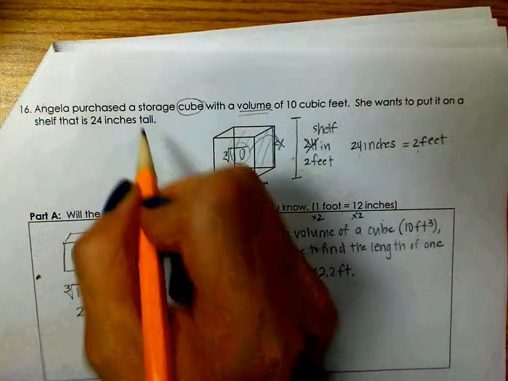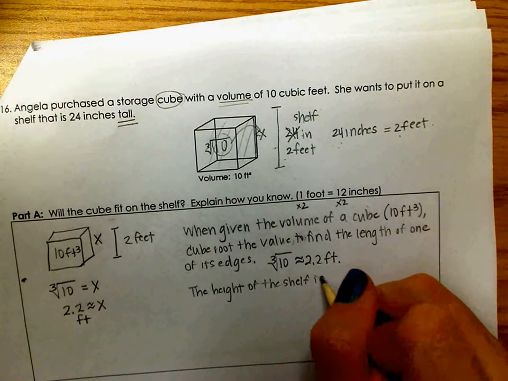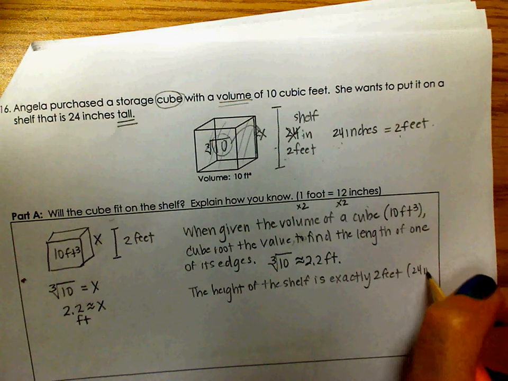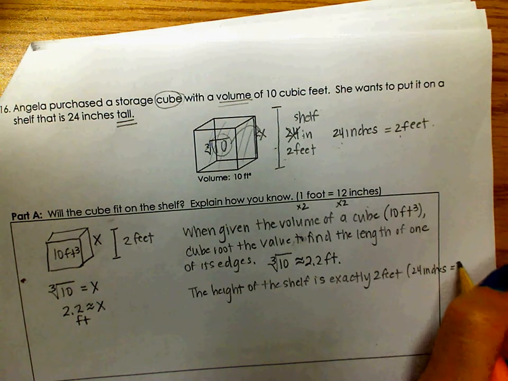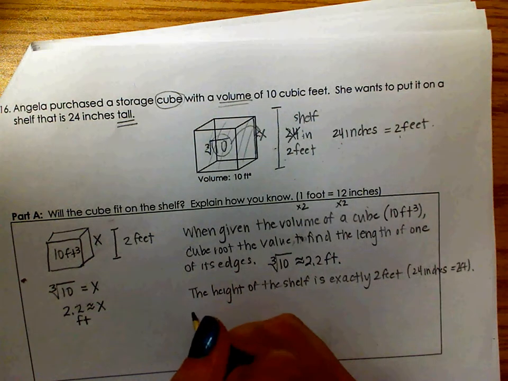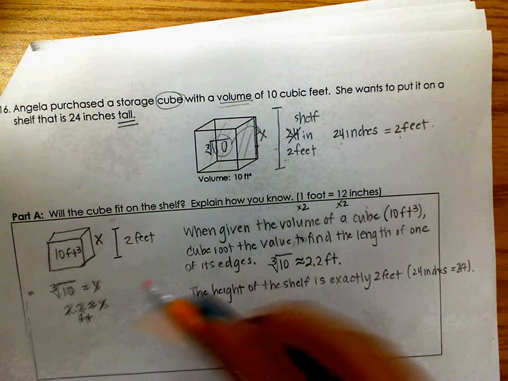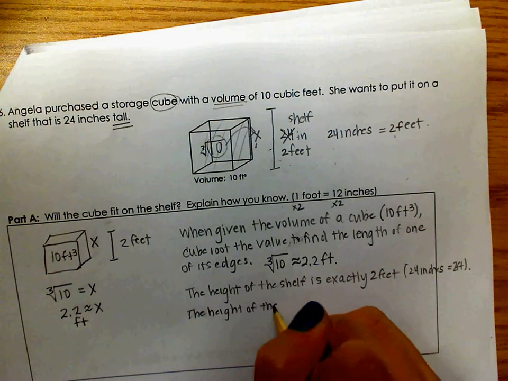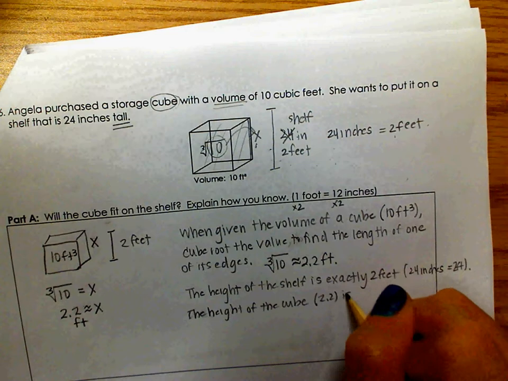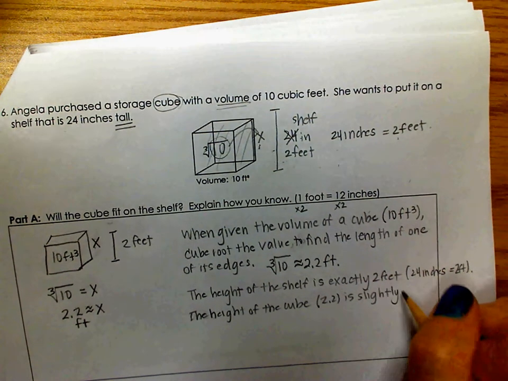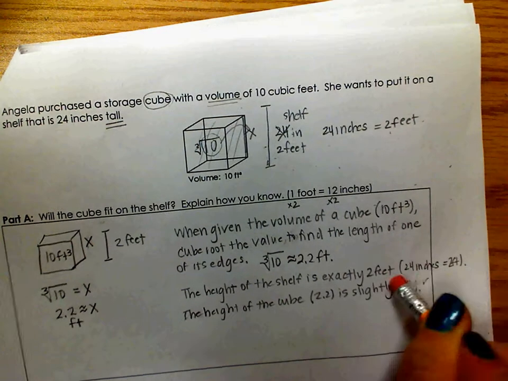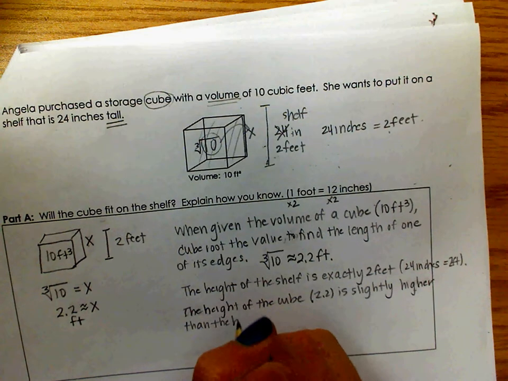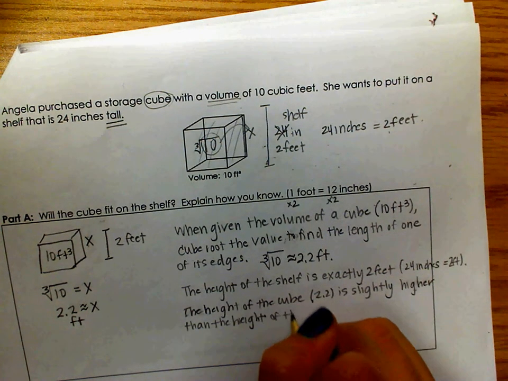The height of the shelf is exactly 2 feet because 24 inches equals 2 feet, okay? 2.2, the height of the cube, parentheses 2.2 feet, is slightly larger, higher, let's say higher than the height of the shelf.